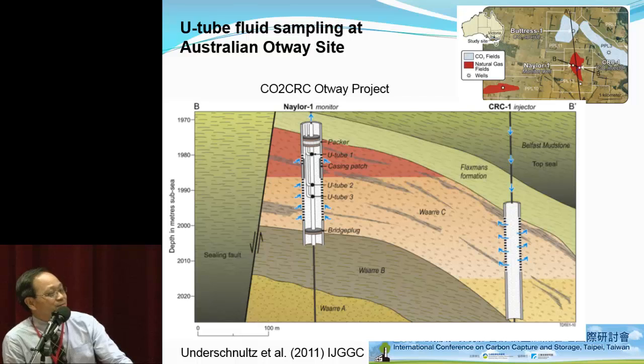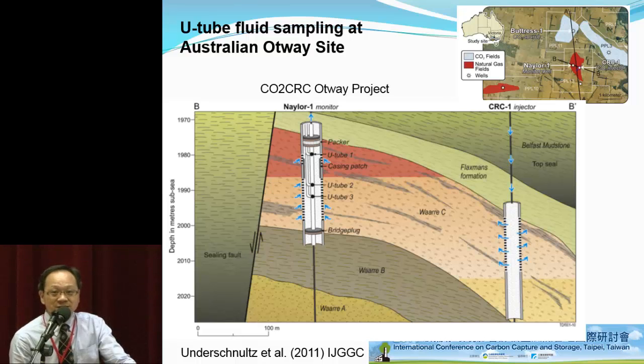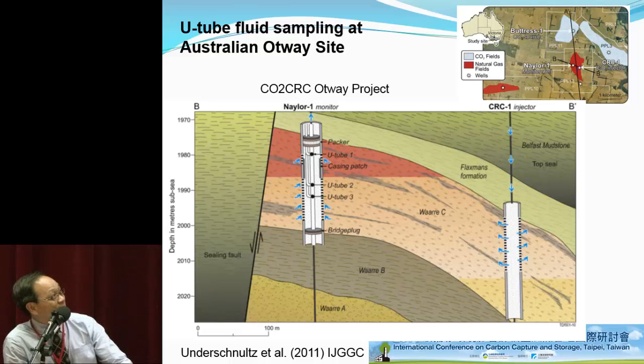And again, for CO2 in the subsurface, we should take samples from the pore spaces to study the CO2 composition. For example, this one is an Australian example from CO2CRC. This one is the injection well, and this is a monitoring well.